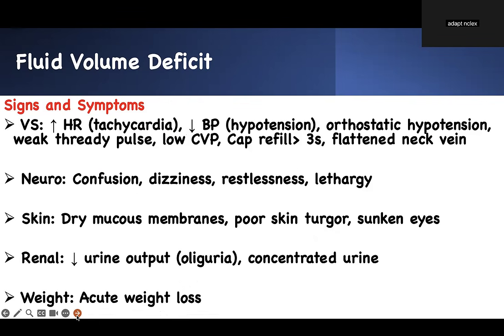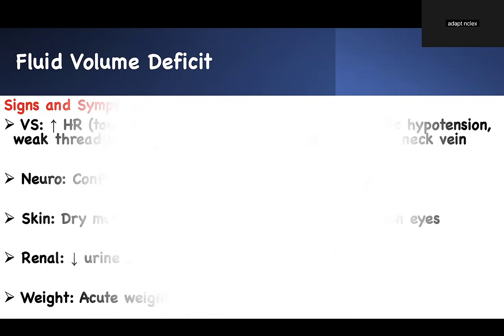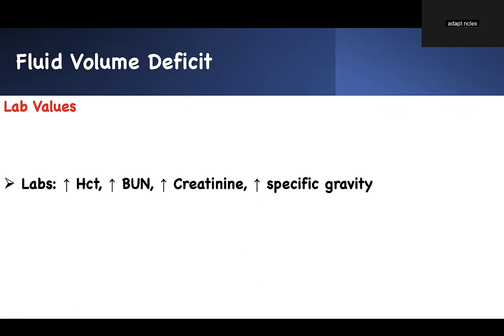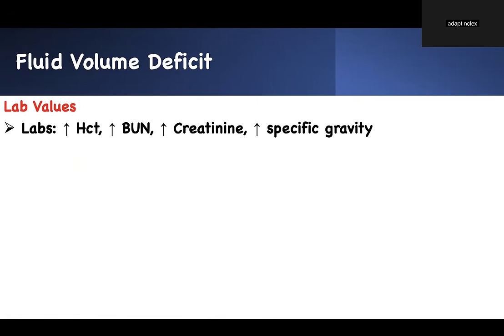Know what conditions cause fluid deficit. Now, what about lab values? We've seen a little bit of it. The most common lab values they're going to ask you are your hematocrit and your creatinine, for your kidney. When your kidney is in trouble and not working, BUN and creatinine go up. Because you lose a lot of water, and most of the fluid you lost is isotonic, your hematocrit, or red blood cells, is going to be concentrated.